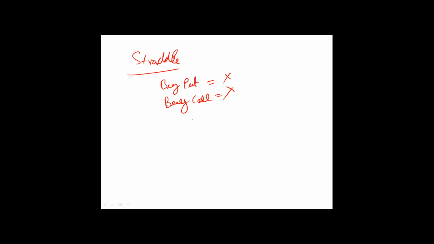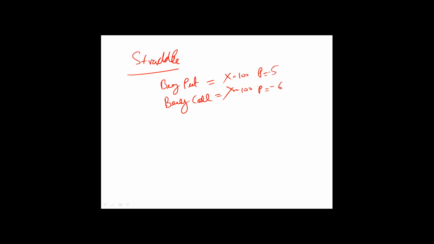Now what happens is, let's say the premium is paid. Let's say you're paying a premium of 5 here and a premium of 6 here, so this 11 is your cost. Let's suppose you're buying a put at 100 and you're also buying a call at 100, so same strike price.